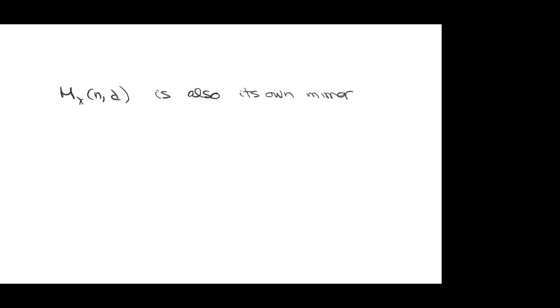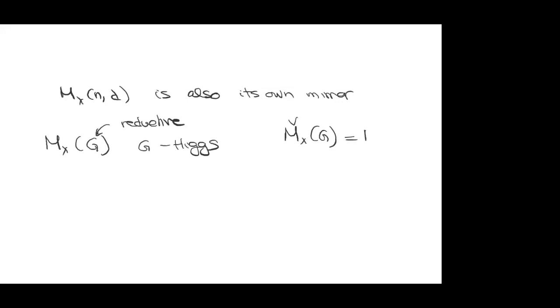Okay, so there's more things going on here. Let me just briefly mention that Higgs bundles can be defined for other reductive groups, G-Higgs bundles. And in this case, the mirror will be given by Higgs bundles associated to the Langlands dual group.